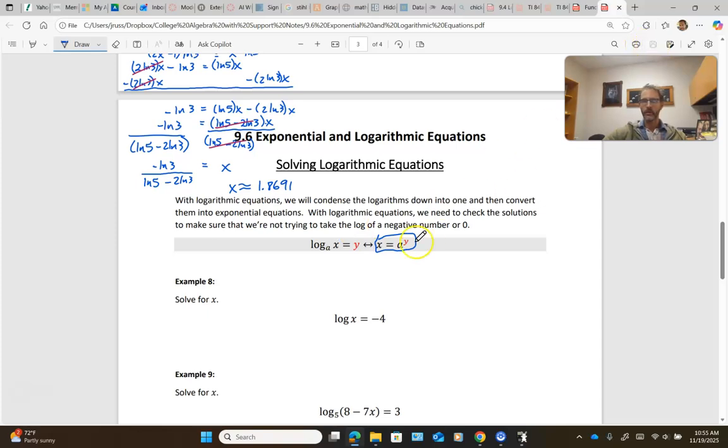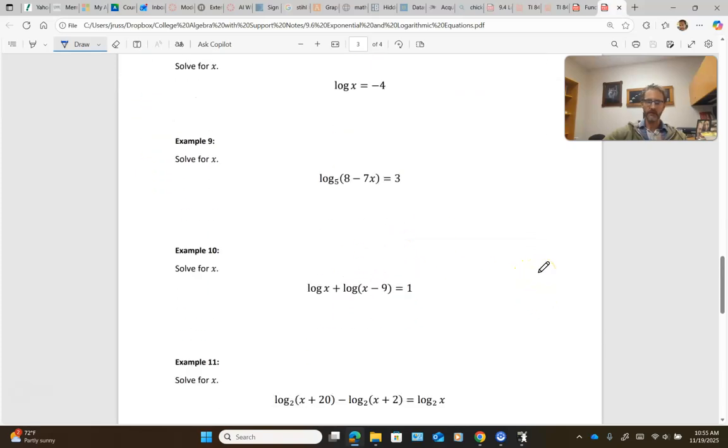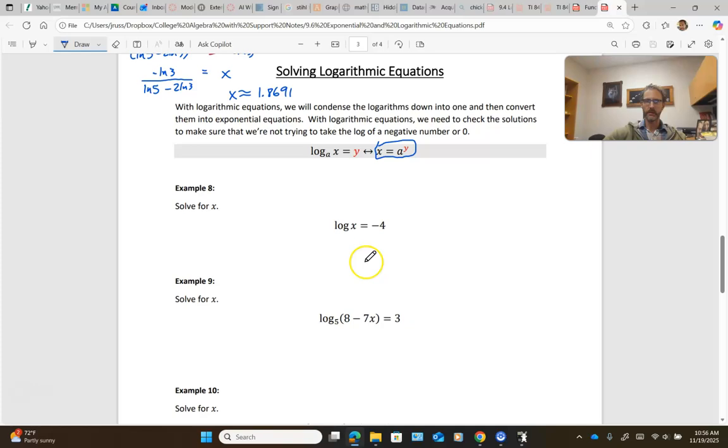Well, what we're going to do to solve these logarithmic equations is we are going to convert them into exponential equations. Okay. Now, sometimes we may have some preliminary work first. So, for example, I can't do this unless I have just one logarithm.